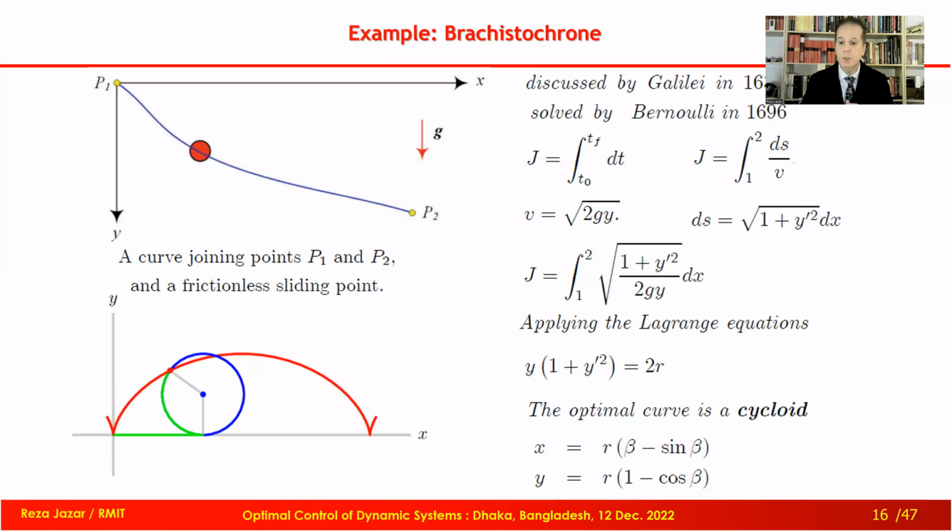The motivation for calculus of variation, for the first time-optimal problem or time-optimal control problem if we call it that, appeared by Johann Bernoulli in 1696, at the end of the 17th century.